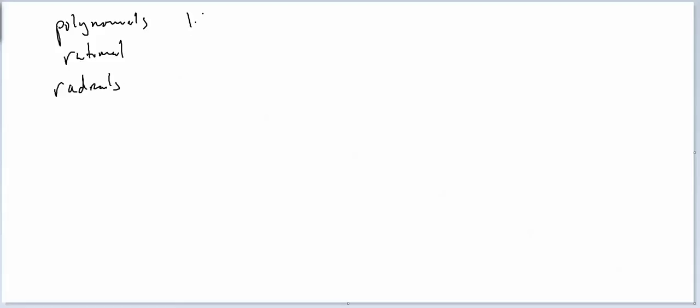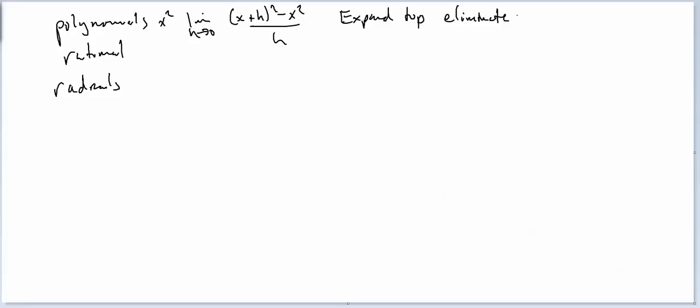When we had that limit as h goes to 0 of, if we did x squared, an x plus h squared minus x squared over h, what you usually do is expand the top and then eliminate the stuff that drops out, and then usually the h should drop out on the top and bottom. If it doesn't, you did something wrong algebraically, okay?